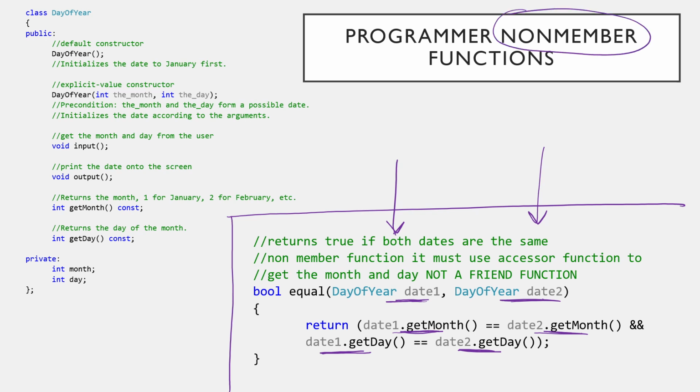It's just a function that has to use the accessor and mutator functions in order to access data in the class. Now, instead of passing by value here, you could pass by constant reference, which I'll show you as well. Constant reference means that you must have values.